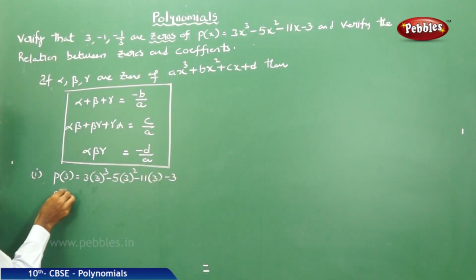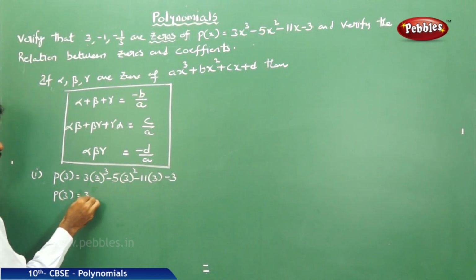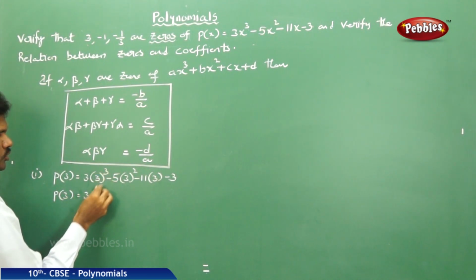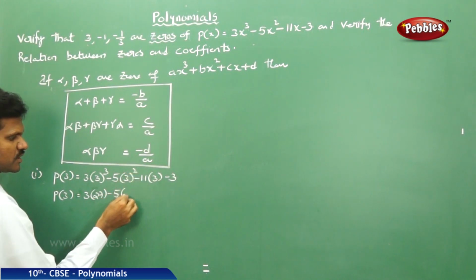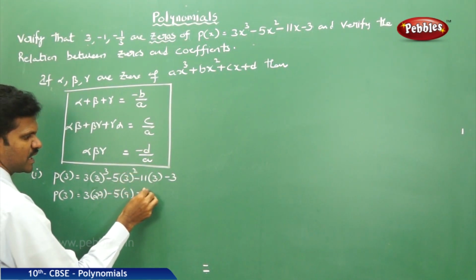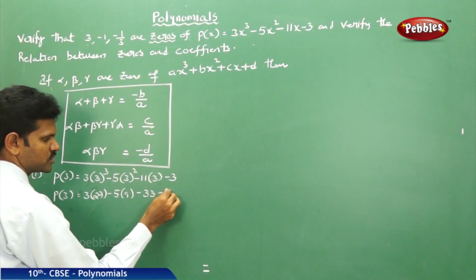That is p of 3 is equal to 3 times 3 cube, nothing but 27, minus 5 times 3 square, nothing but 9, minus 11 times 3, minus 3.